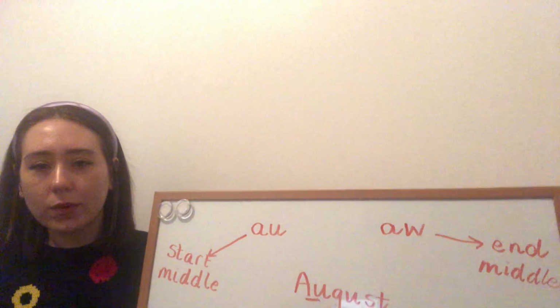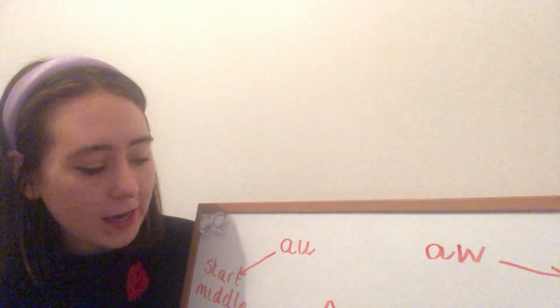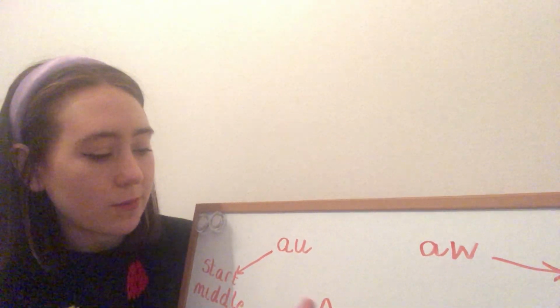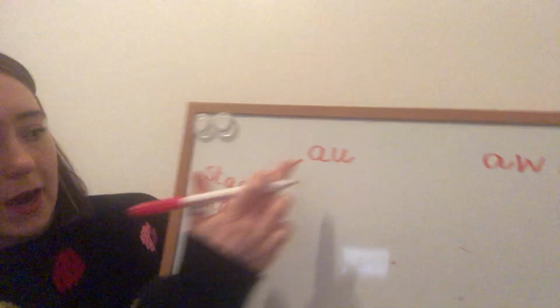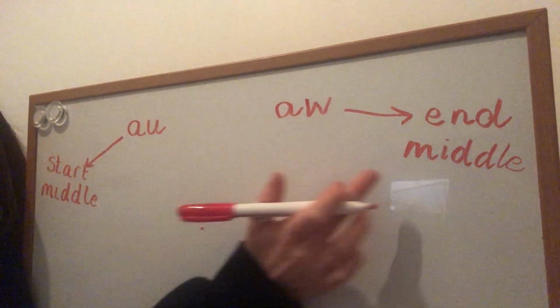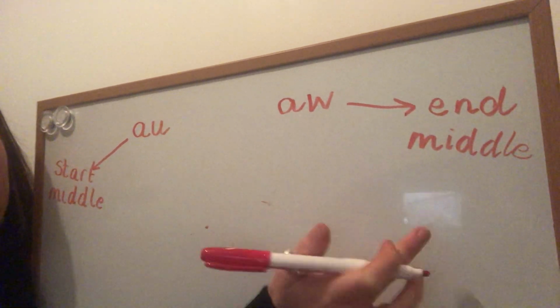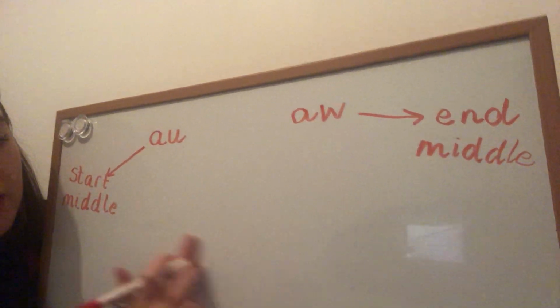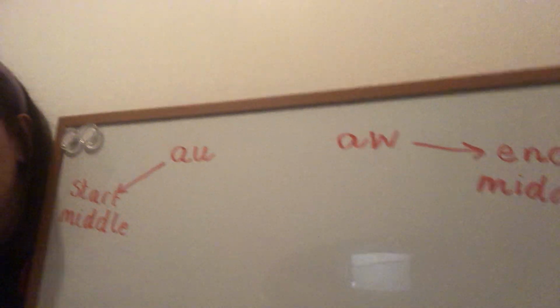Excellent. Now we're going to have a look at the way that we can see, because we can see that both times the au and the aw, they both say aw in the middle. So how can we work out which aw sound that we use when we do find a word that has the aw sound in the middle?